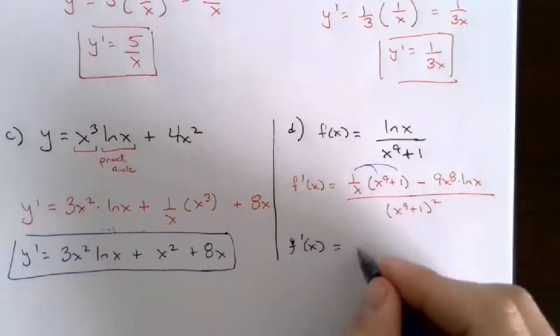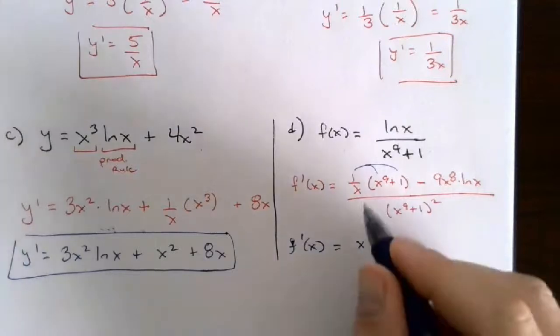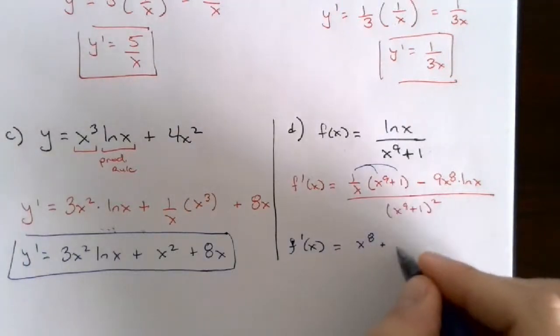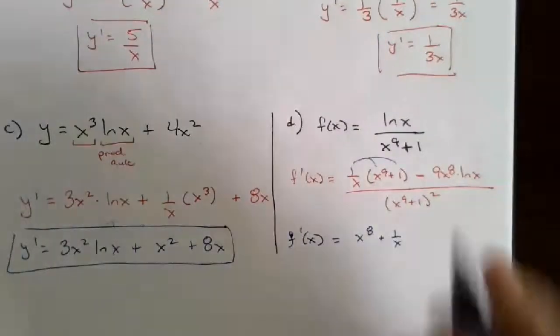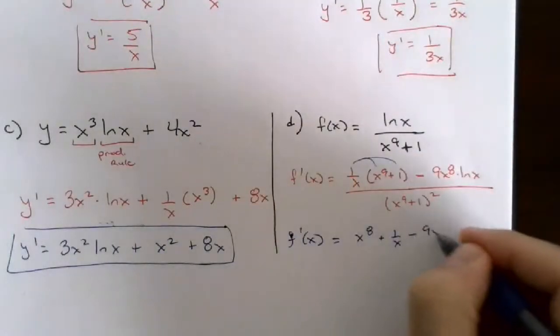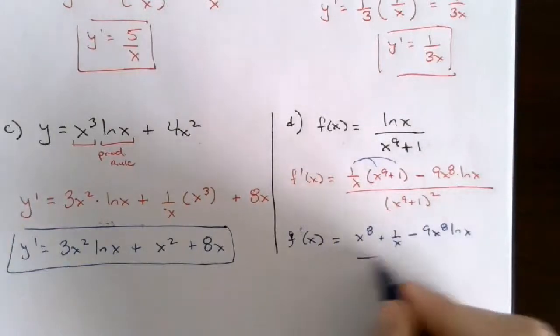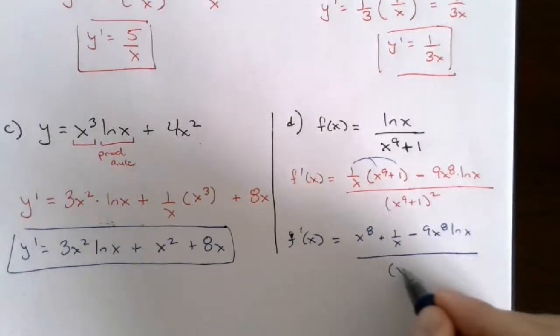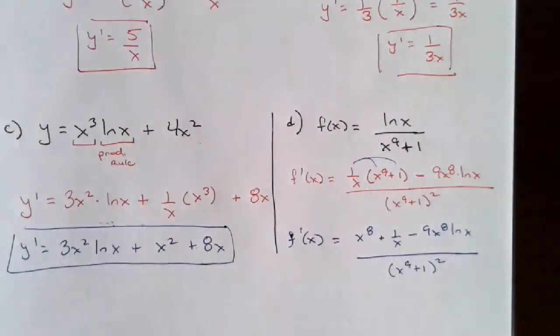One of those x's will cancel down to an x to the 8th, right? Because x to the 9th over x gives us x to the 8th. 1 over x times 1 will be plus 1 over x. Minus, this is still 9x to the 8th ln x. And it's over x to the 9th plus 1, the quantity squared.